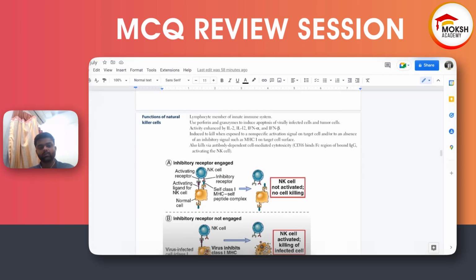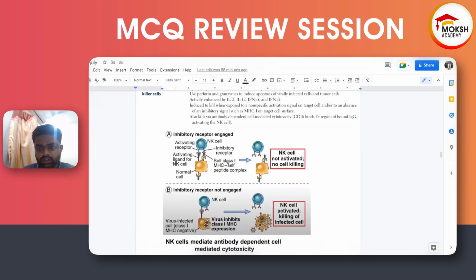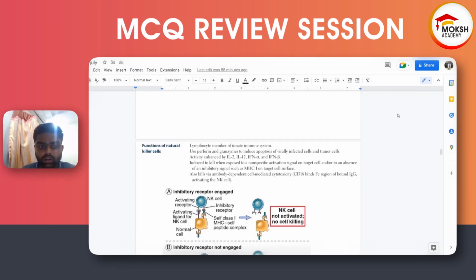If we have to remember the function of natural killer cells, I would just remember these two diagrams that are very important. So let's go through the text first. What are the functions of natural killer cells? A natural killer cell is a lymphocyte member of the innate immune system, and it is more similar to a CD8 positive T cell.